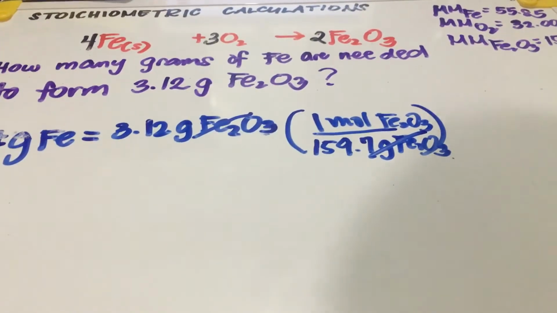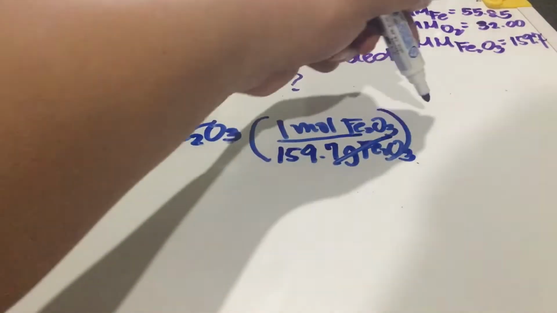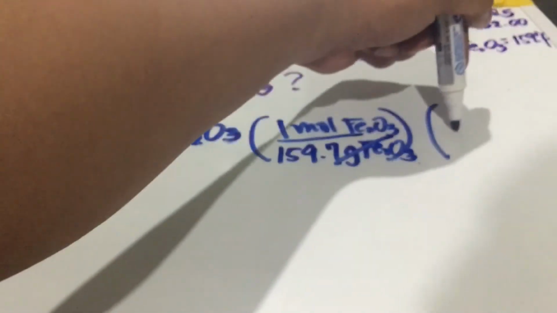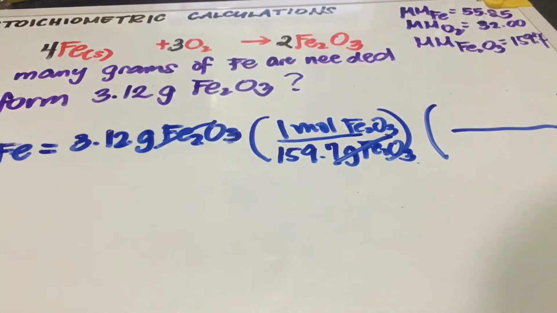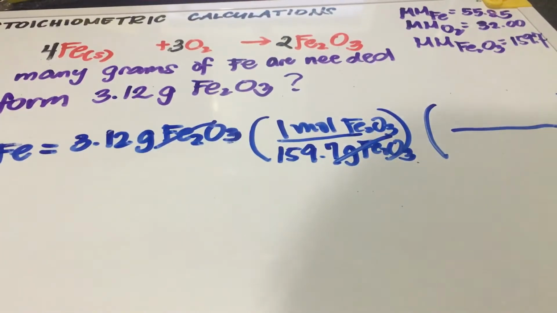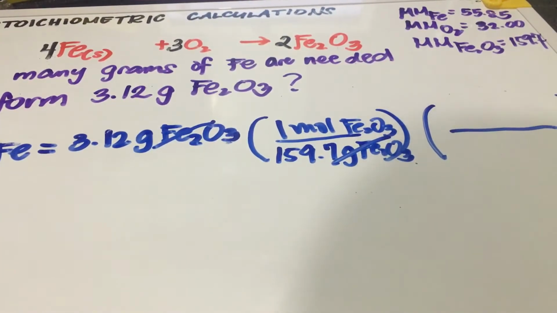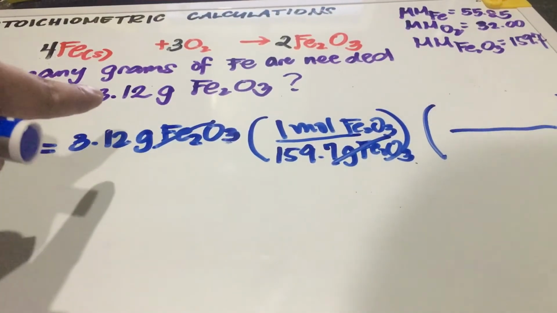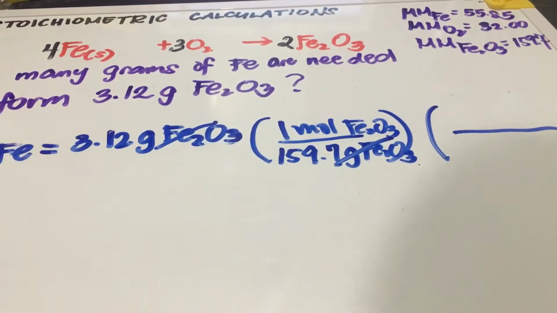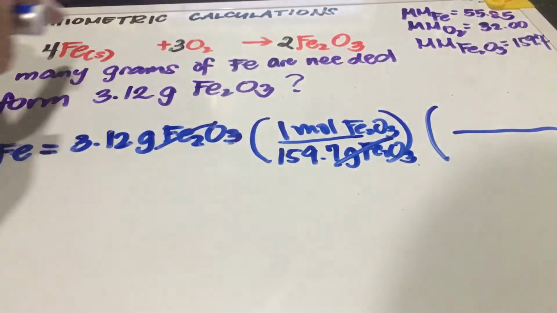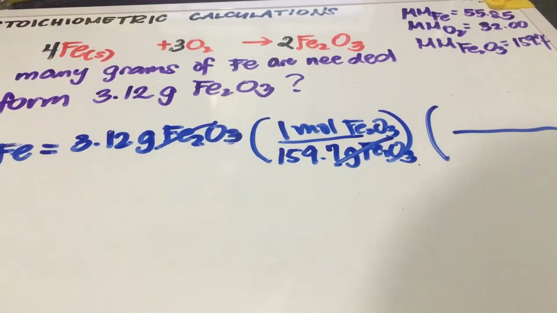After that, we need to add another conversion factor. After getting the moles of Fe2O3, we now relate Fe2O3 with iron, because we are asked for iron. In the balanced chemical equation, 2 moles of Fe2O3 are produced from 4 moles of iron.